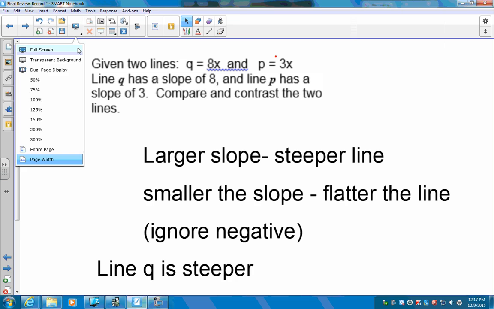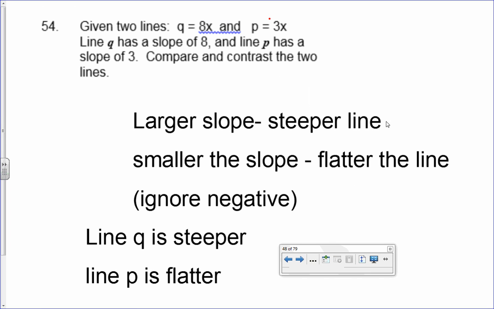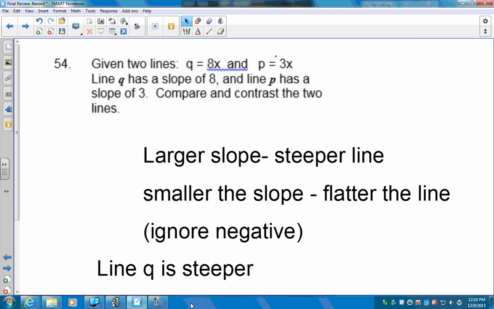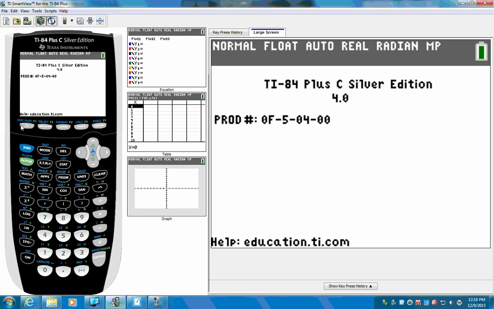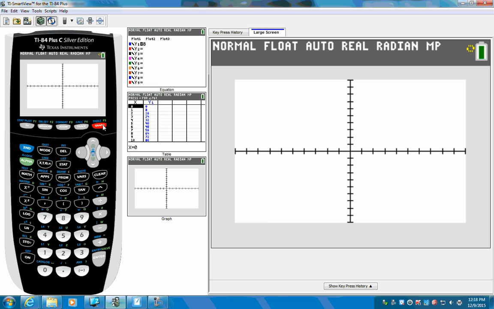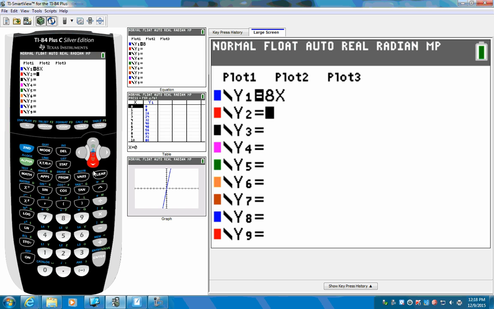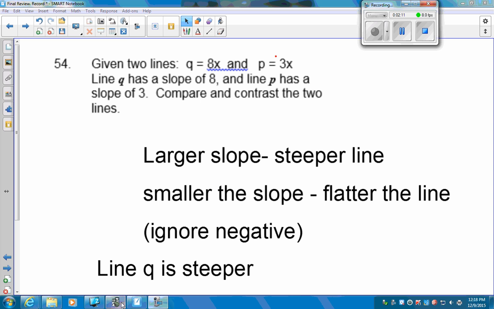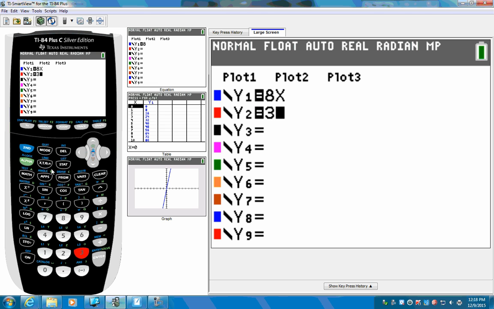All right, so let me make that full screen. And with this one, you could also type them in your calculator, 8x and 3x, and compare them. So let's type those in our calculator. The first equation is y equals 8x. Let me look at the graph. Okay, and let me also type into y2, y equals 3x, and look at the graph.